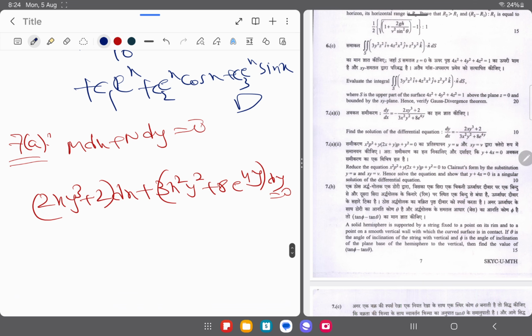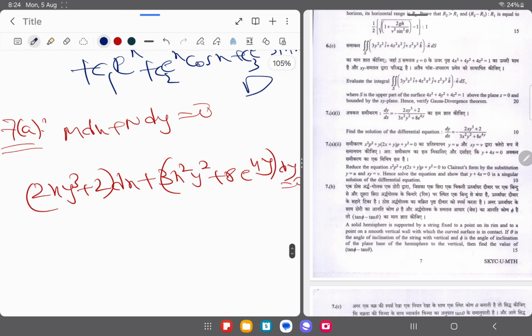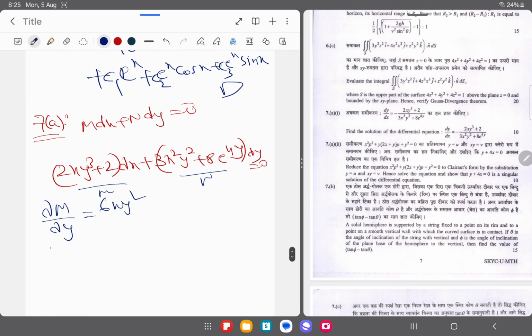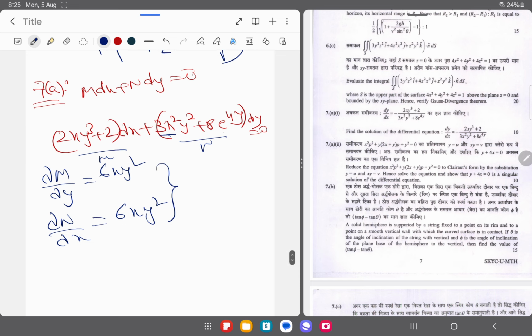Let us see if it can be exact or not. dou M by dou y is 6xy squared. This is M, this is N. And dou N by dou x is 6x y squared. Here there is no extra term, so both are equal.